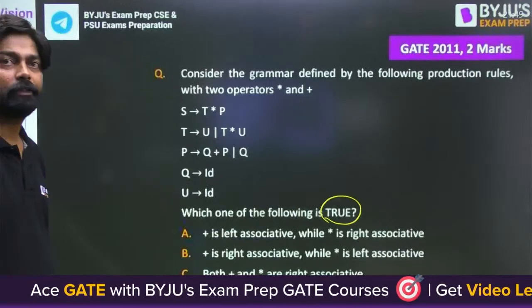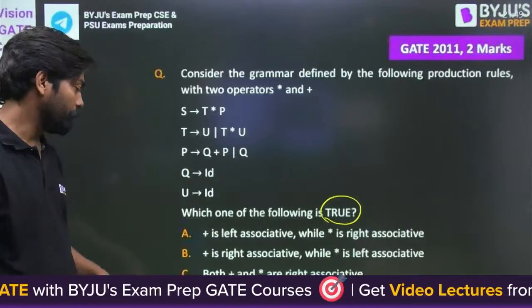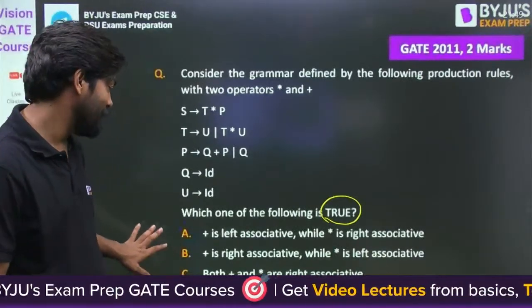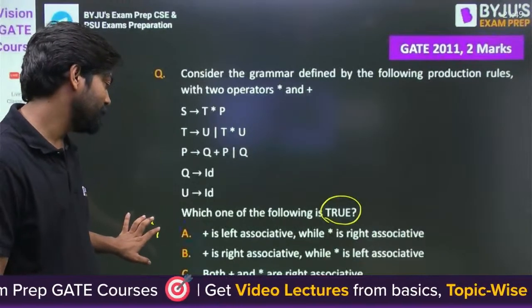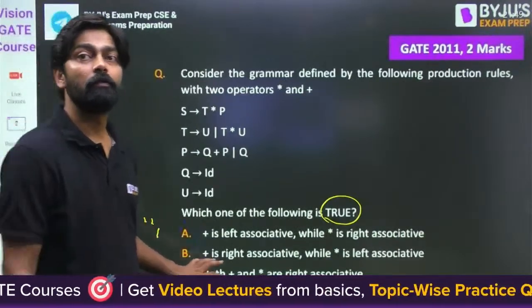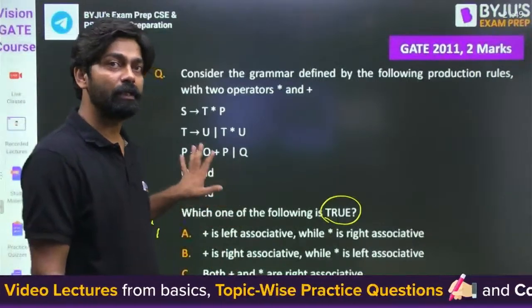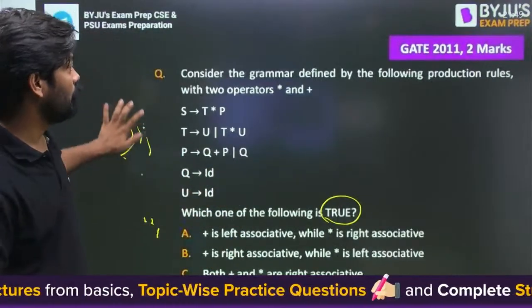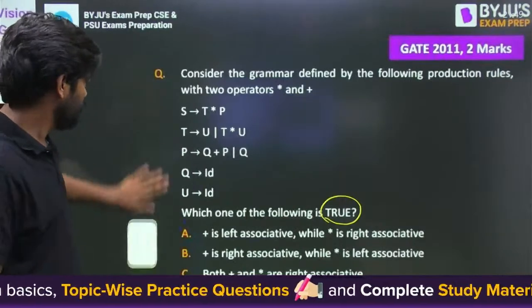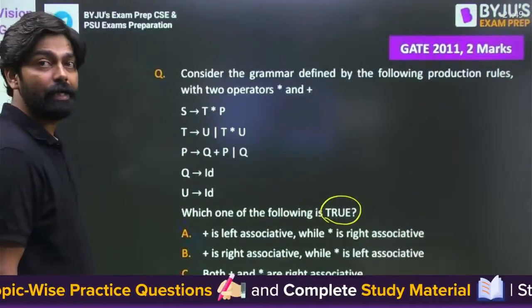Everyone, please reply fast. The last option they have given: both plus and star are right associative. Both plus and star are left associative. Okay, fine.